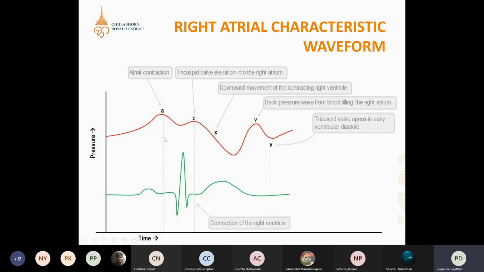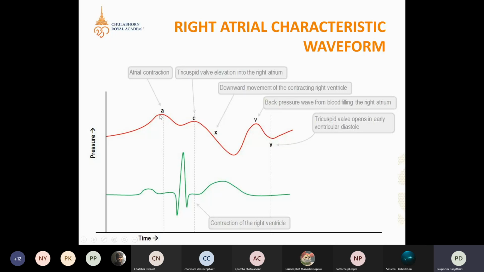Let's get started with the A wave. Atrial contraction definitely causes high pressure inside the atrium, right? So it causes the A wave over here.